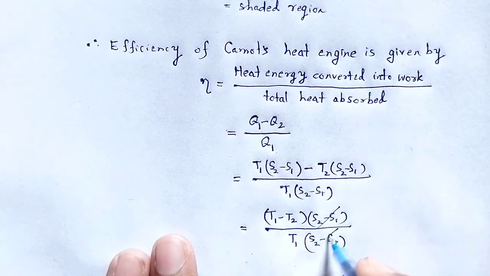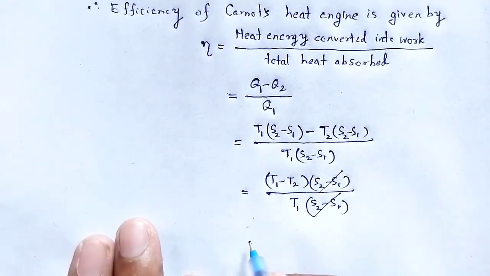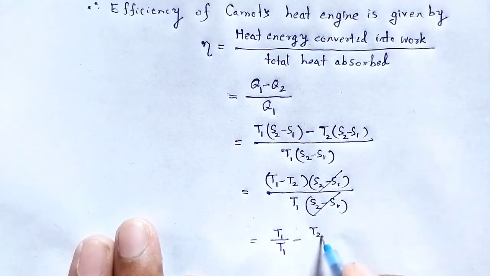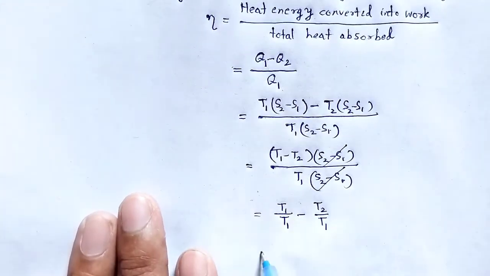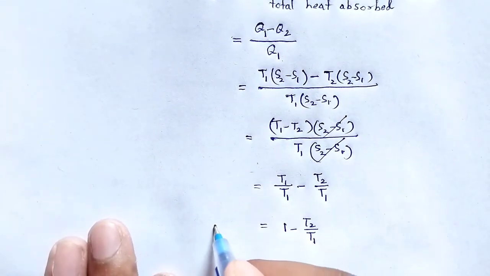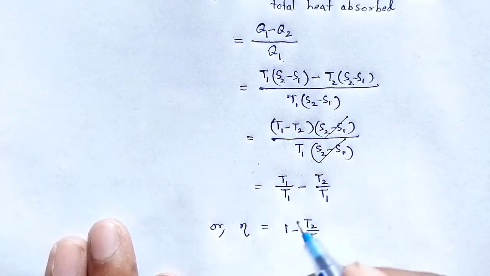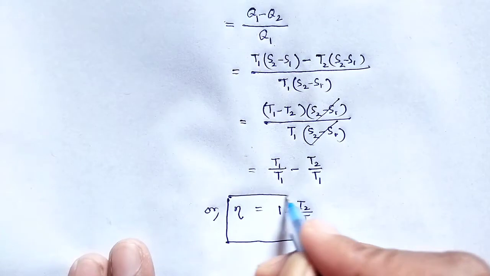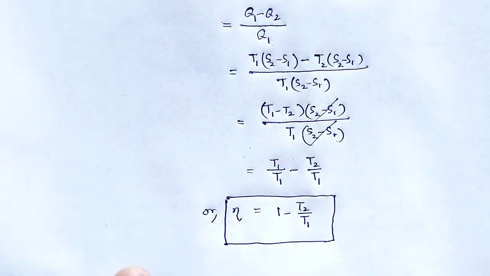S2 minus S1 cancels out, leaving T1 minus T2 divided by T1, that is 1 minus T2 by T1, or eta is equal to 1 minus T2 by T1.